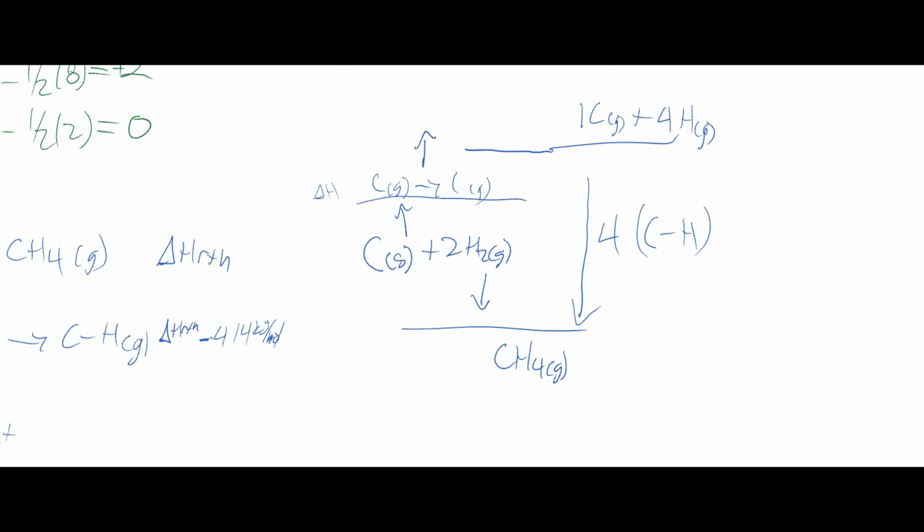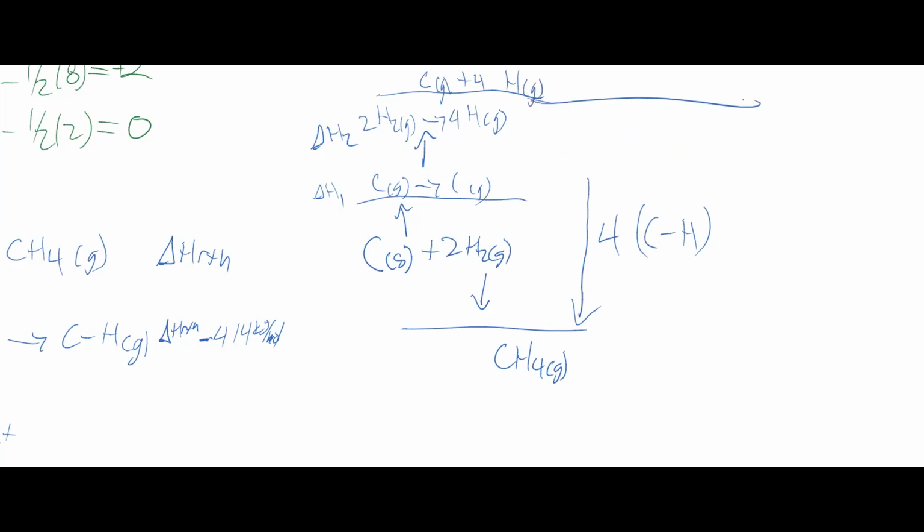And then I can take my H2 and transition it to 4 H's as a gas. Once I have all of those, a carbon as a gas and 4 hydrogens as a gas, I can now make my bonds. So we're taking one thing and converting it into another through those steps.